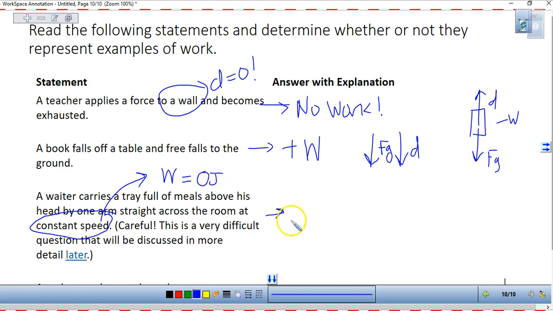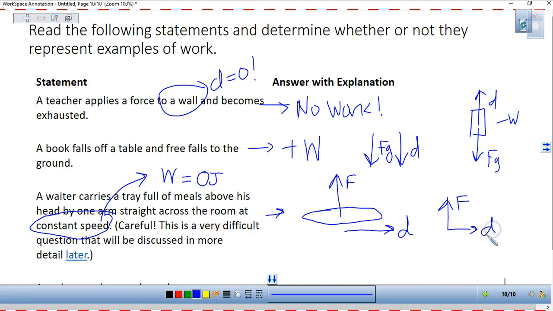But there's a couple other ways you could think about it. Here's the tray, and it's being held upward, but the object is moving this way. So what you have is a force that's up, but a movement that's perpendicular. So that's another reason why it's work 0.